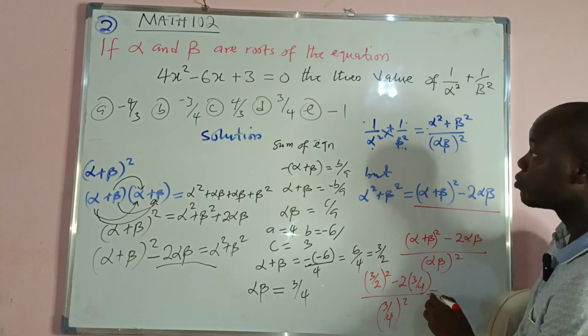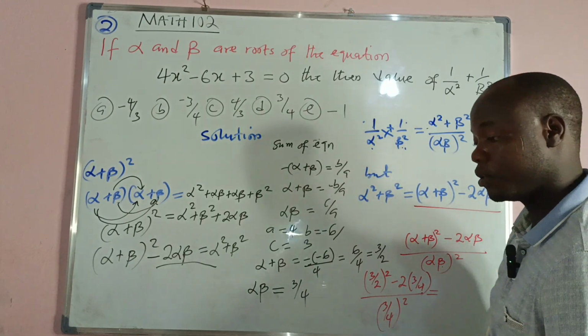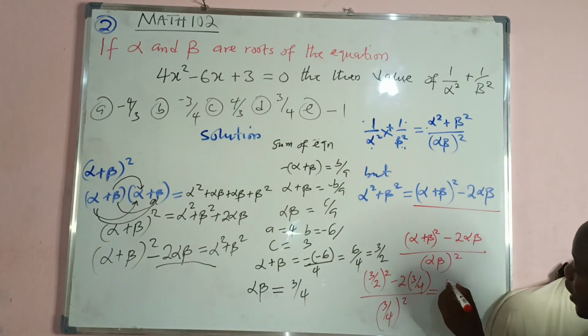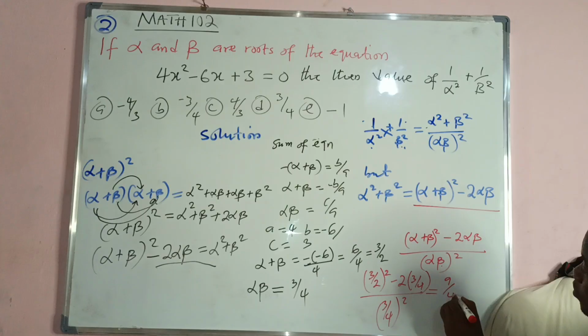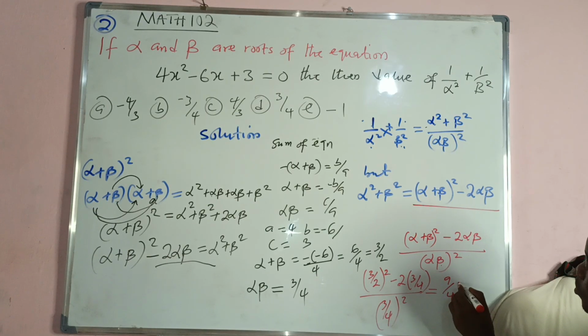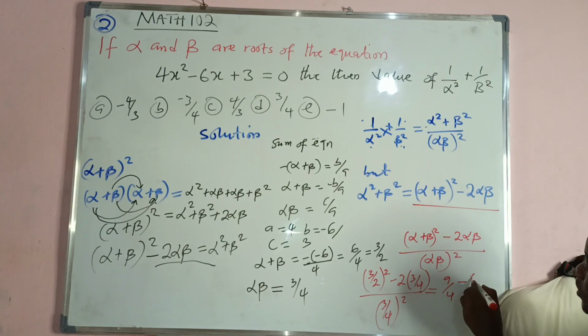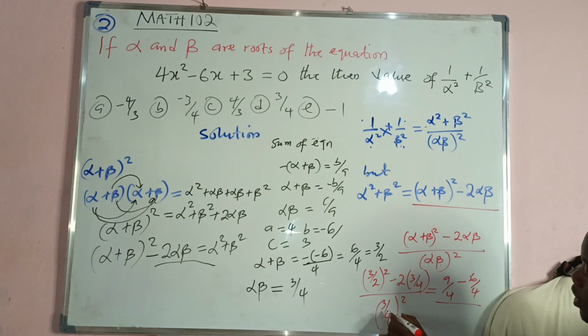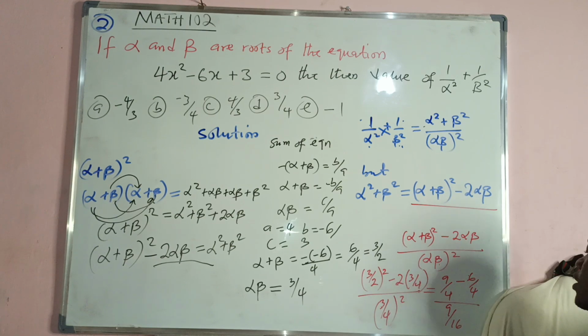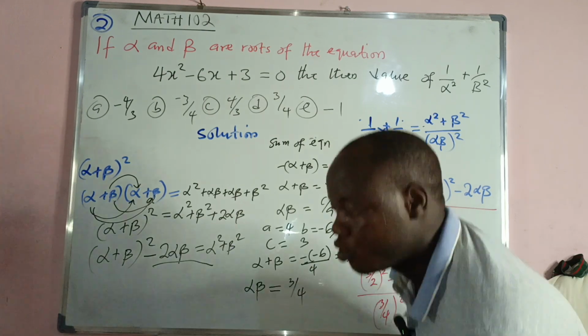So what do we do? It's simple. Now 3 squared is 9, 2 squared is 4, then minus 2 times 3 over 4 is going to give us minus 6 over 4, divided by 3 squared, which is 9, over 4 squared, which is 16. So this is what we are going to have.